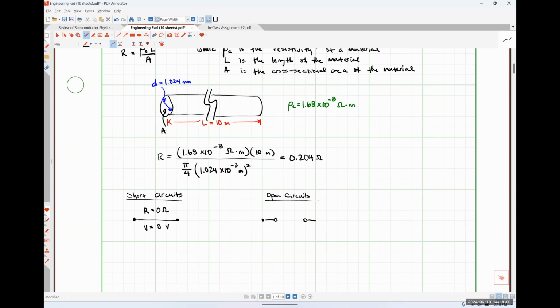So effectively what we've got here is an absence of wire. Okay. The resistance of an open circuit is going to be assumed to be infinitely large. And that means that no current will ever be able to flow through an open circuit.